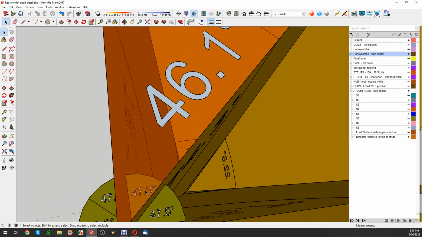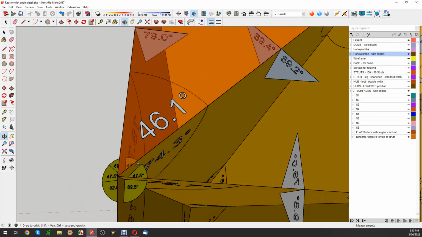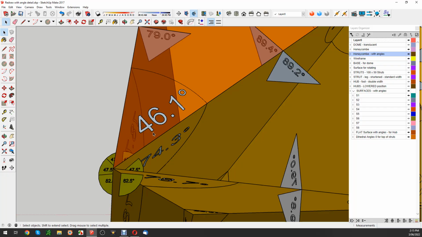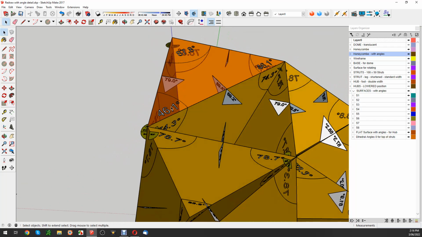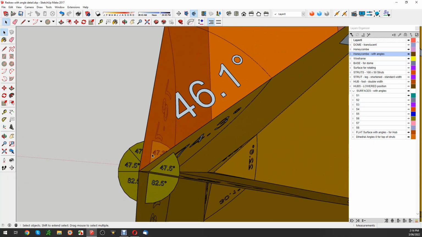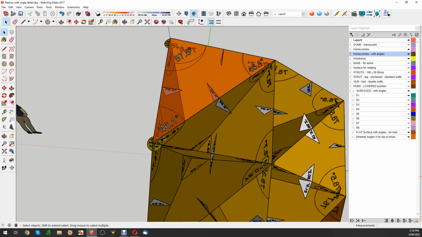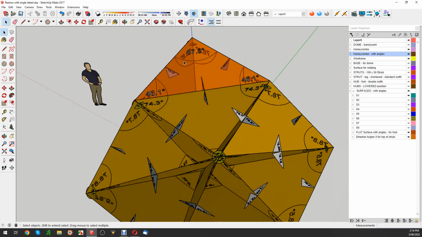So 47.3 and 46.1 are two distinctly different angles. This is the angle between the lines of that surface on the angle. That they are different from the ones on the flat, like these smaller ones, is important because this is okay for you.